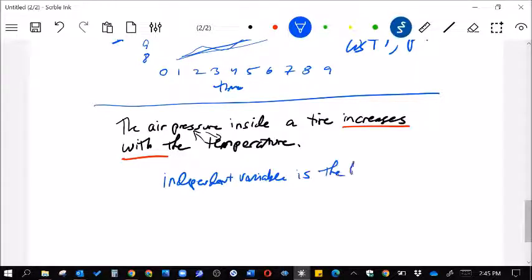So that means that the independent variable is the temperature, and the dependent variable is air pressure.